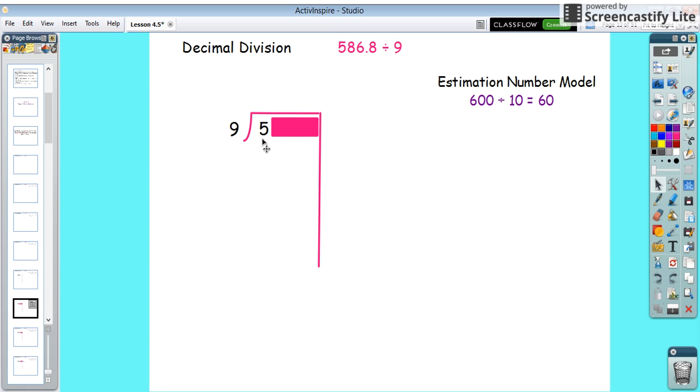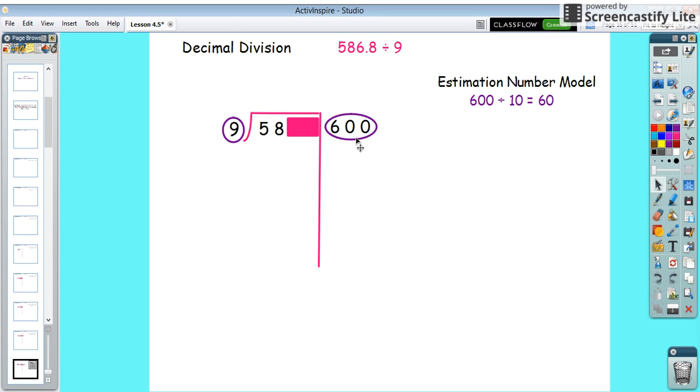It doesn't. So I'm going to uncover the hundreds place. How many times does 9 go into 58? 9 goes into 58 6 times, and there are 2 numbers covered up, so I put 2 zeros at the end of my 6. So I've got 600. Then I multiply 9 times 600, which is 5,400.